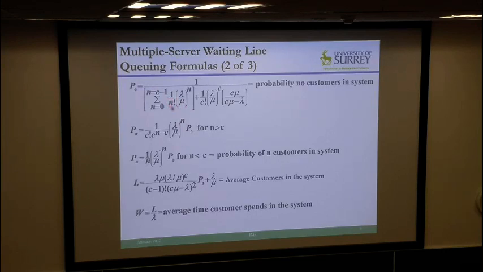Okay. If you have an n factorial, it means you multiply 1, 2, 3, 4, 5, and so on up to n. That's how we calculate a factorial.